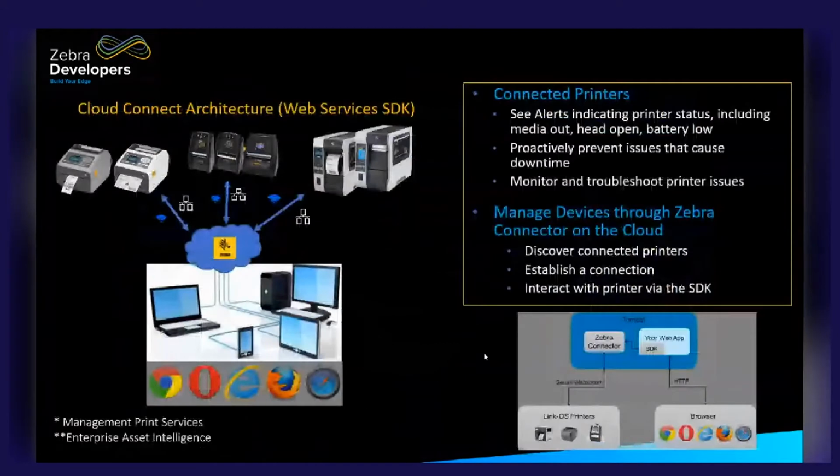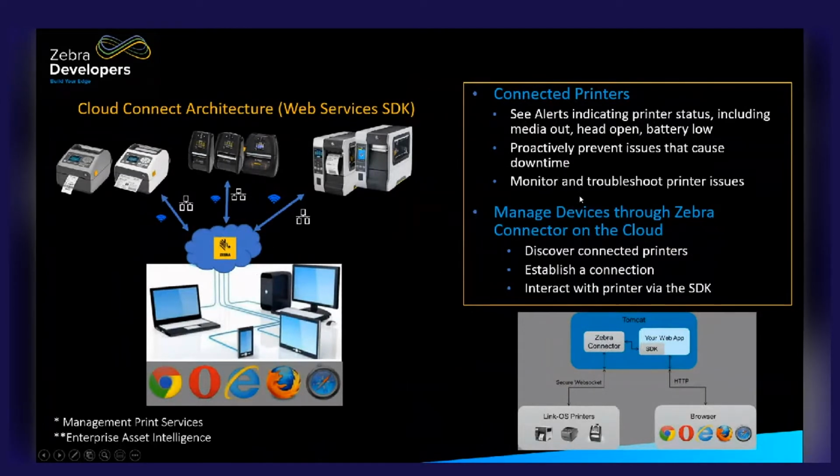One way is through the Cloud Connect architecture. If you want to implement this architecture, you can do it through our web services version. We have a Zebra connector and SDK in Java to allow us to implement this configuration. In this configuration, you will have access to the printer in real time, 24/7. And after you get access to the printer, you will be able to see the alerts. You will be able to prevent issues by accounting for downtime, and also manage devices through the Zebra connector.